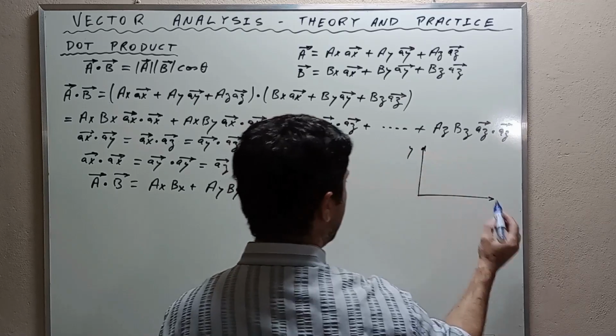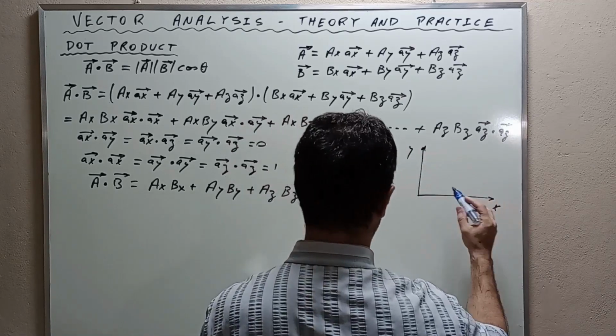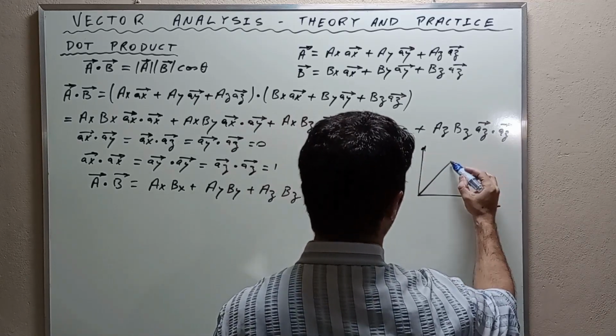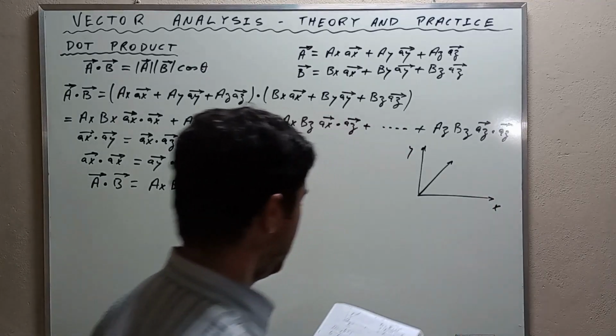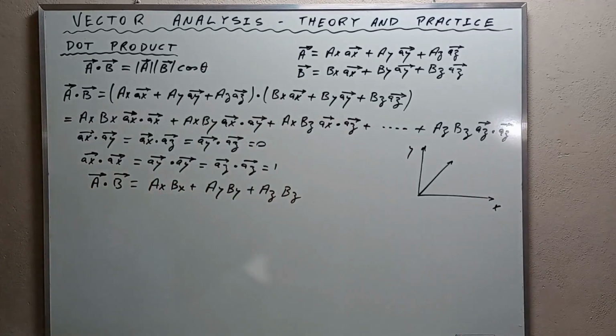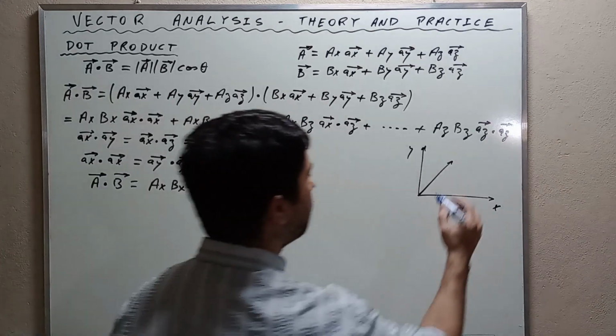Here is y, here is x, and here is the vector. We want to find the component of the vector in the x direction. How do we do it?